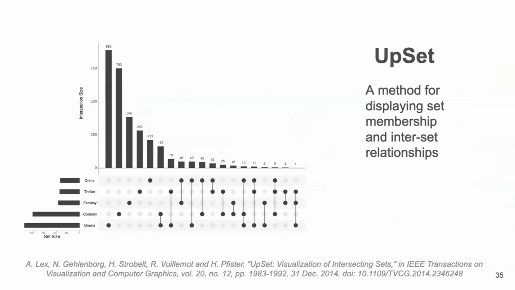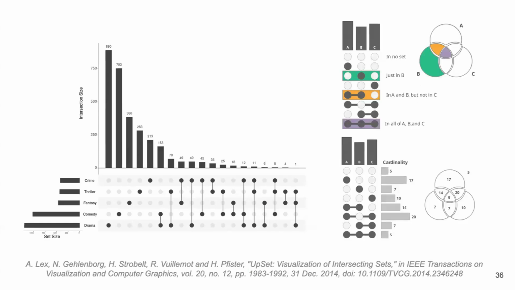More examples about things where tasks are important. This is UpSet. This is a method for displaying set membership and interset relationships. So this is how you read it. This is movie genres.